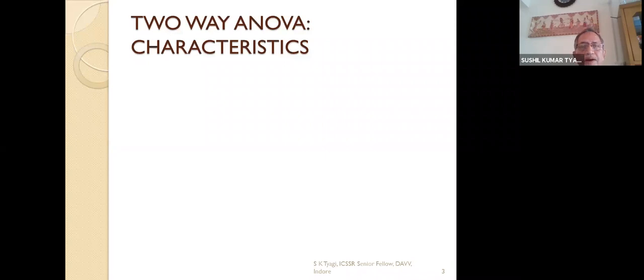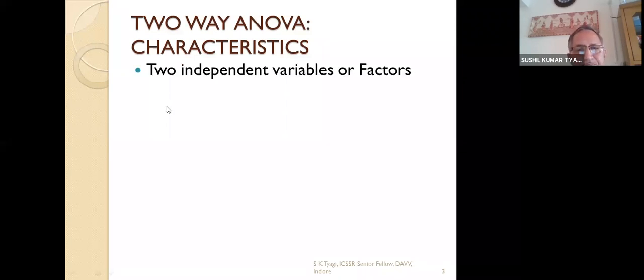Two-way ANOVA is a test which involves two independent variables and one dependent variable. So two-way ANOVA has two independent variables or factors. One-way ANOVA has one factor, two-way ANOVA has two factors, three-way ANOVA three factors, and so on.